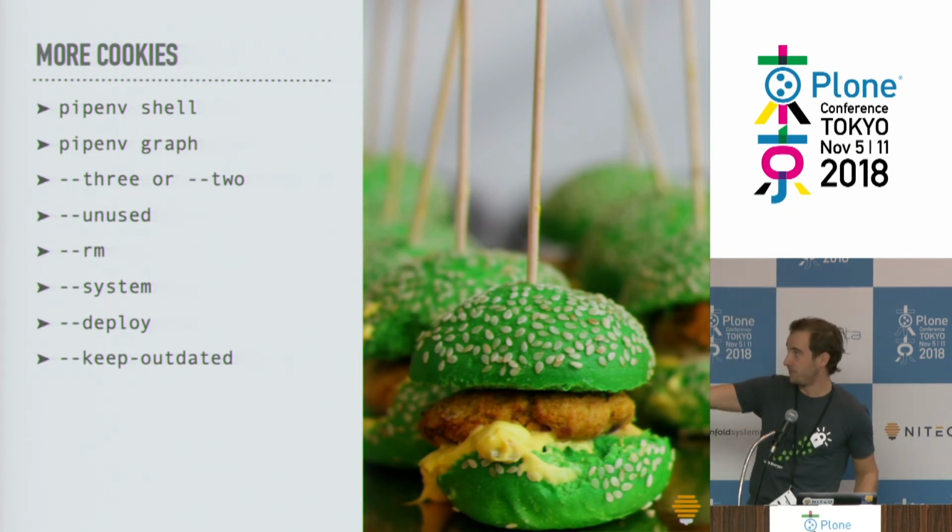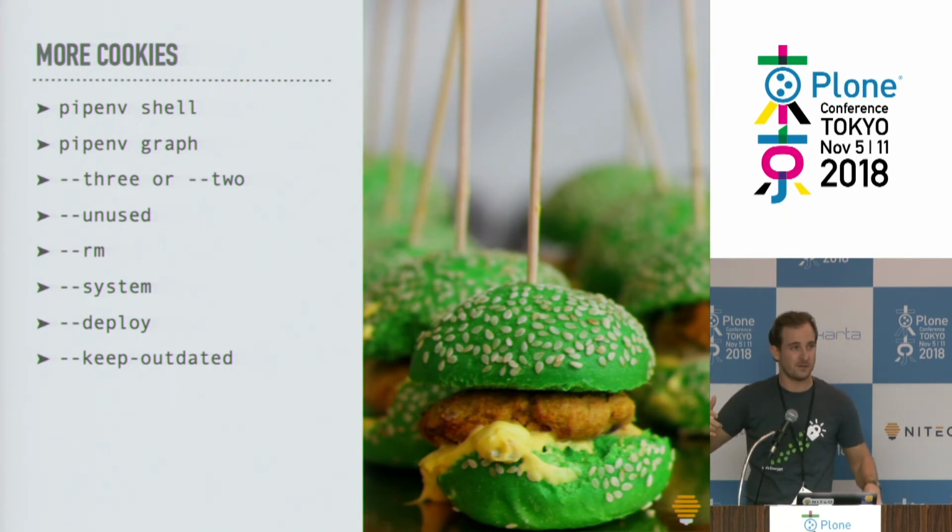There's a couple of really cool things that I need to skip because of time. I'm going to mention system and deploy. System is going to use your system installed Python and not a virtual environment. For example, if you deploy on cloud providers where you already have a Python provider, or if you use NumPy and scientific things in your system provided Python.